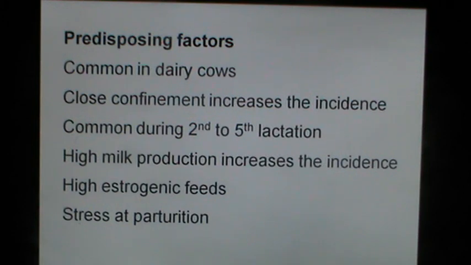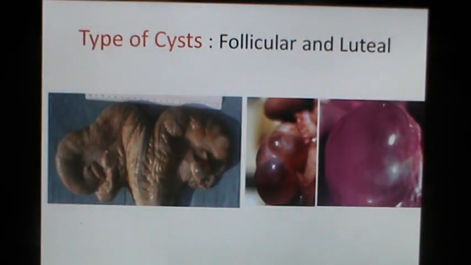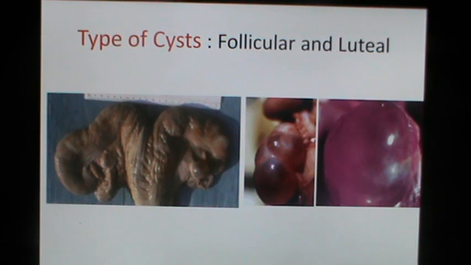Then high estrogenic feeds and stress at parturition may all predispose cows to development of ovarian cysts. Two types of cysts have been mentioned for dairy cows, the follicular and the luteal. The ovarian cysts may be present on one ovary or they may be multiple and present on both the ovaries.